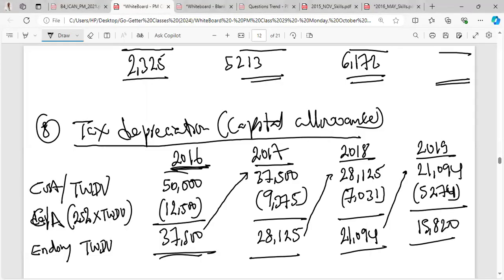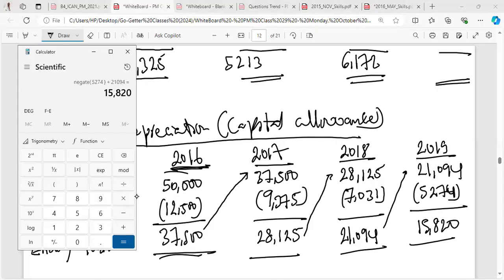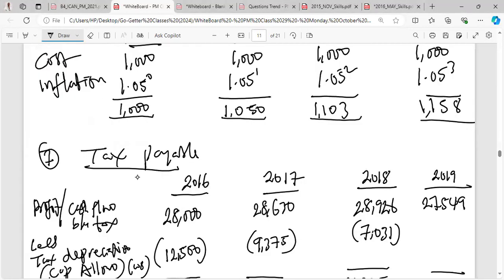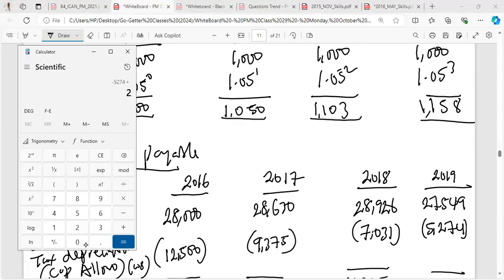Now we're not concerned about this 15,820. We are concerned about this 5,274. So let's take this 5,274 down here. We have to remove it from 27,549.